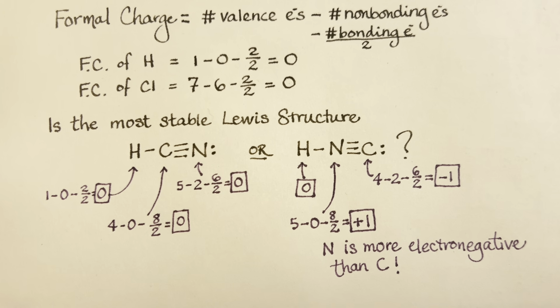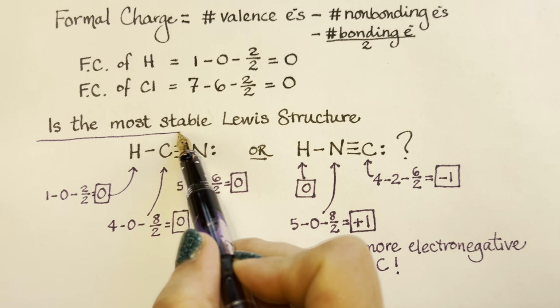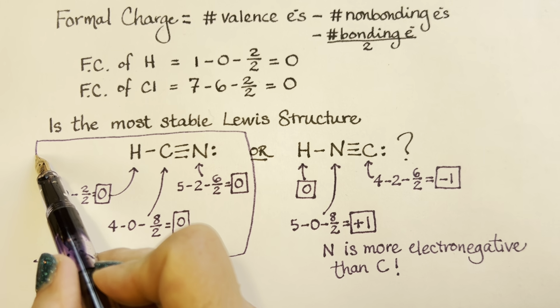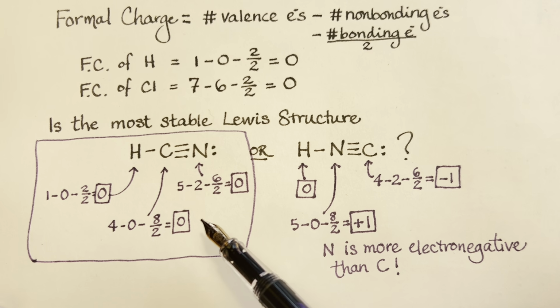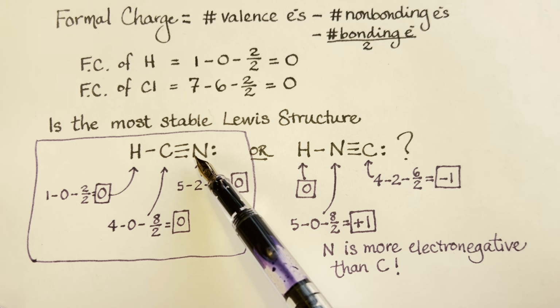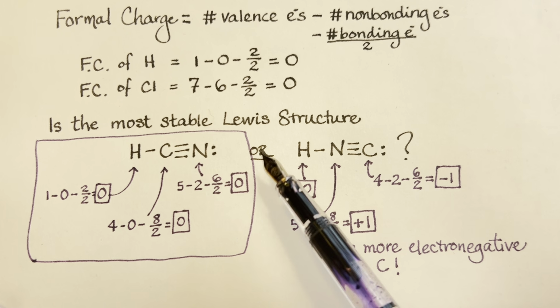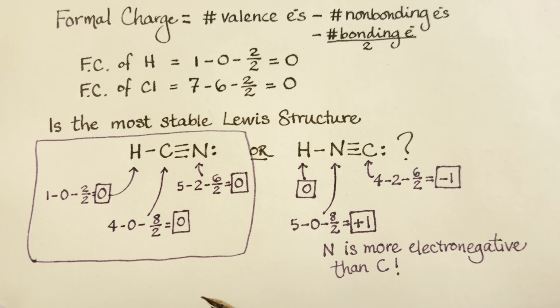That will not be observed. That does not give the most stable structure. So, therefore, this is the most stable structure here, because we do not have the scenario where the more electronegative atom has the more positive formal charge. Rather, it's got very low, in other words, 0 formal charges.